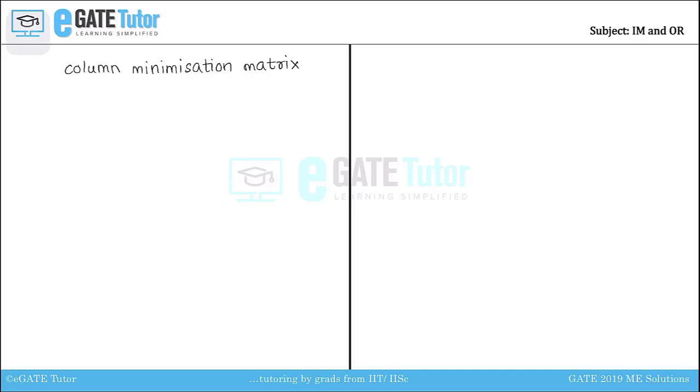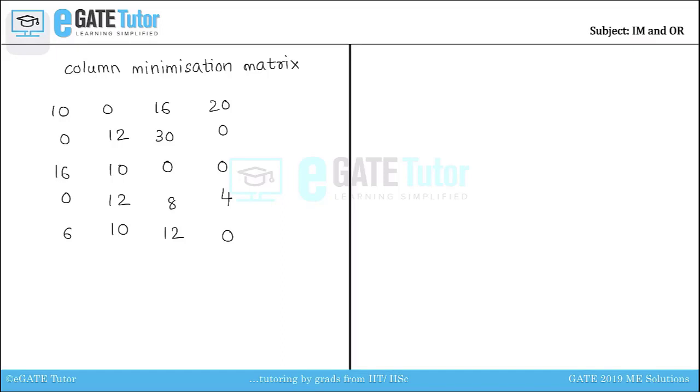When we perform those operations, we get the first column as 10, 0, 16, 0 and 6, the second column as 0, 12, 10, 12, 10, the third column as 16, 30, 0, 8 and 12, the fourth column as 20, 0, 0, 4, 0, and the fifth column as 22, 6, 0, 14 and 16. So this becomes the column minimization matrix.